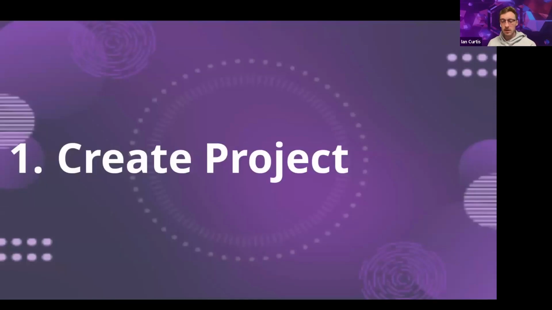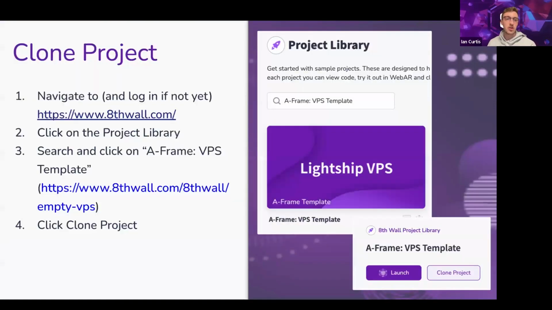Number one, we're going to start by creating a project. Navigate to eighthwall.com and click on the project library, which is a tab on the top header of the website. Then search for the A-Frame VPS template.